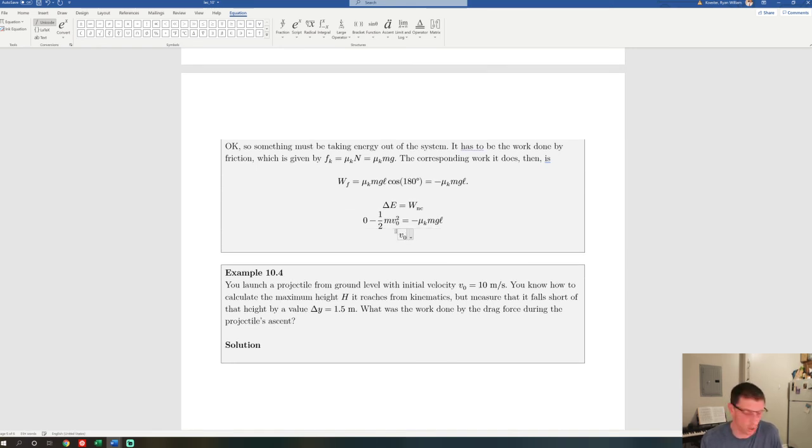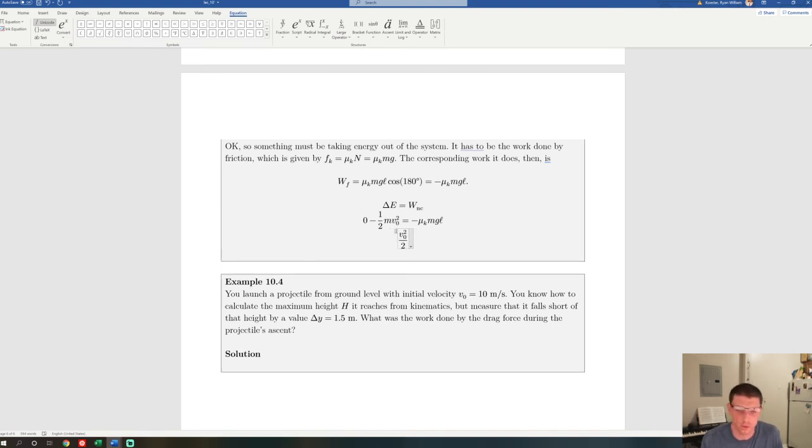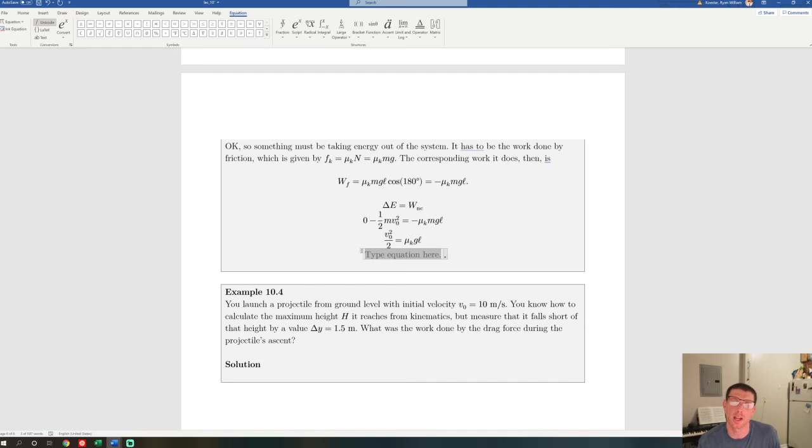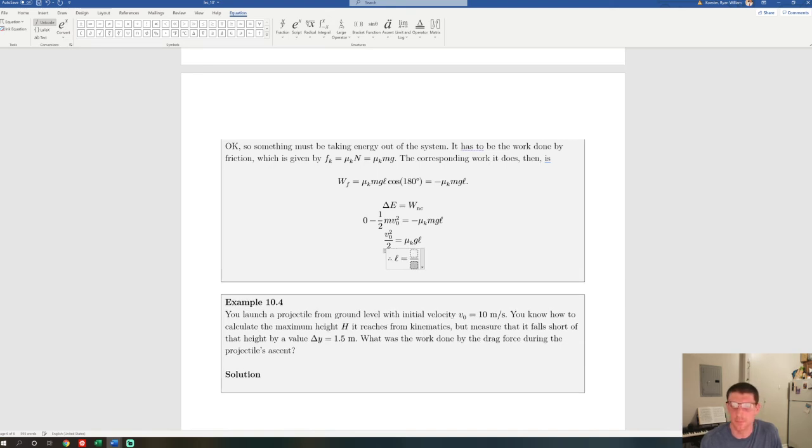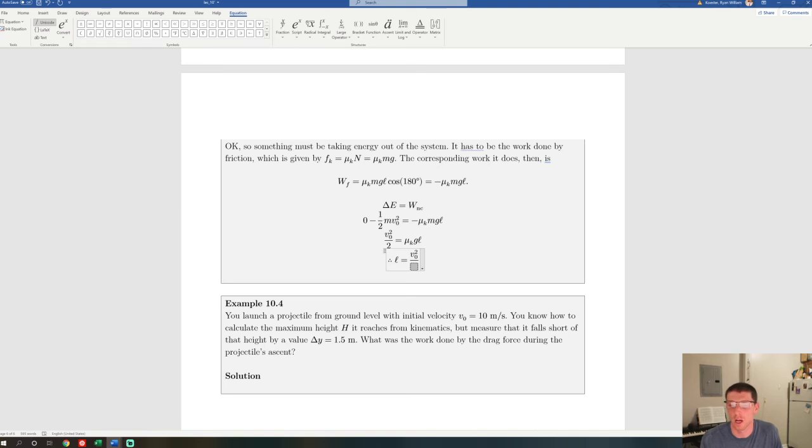And upon doing so, we find that this becomes v naught squared over 2 equals mu k gl. And the final step here is just divide both sides by mu k g, right? And so we find that L is given by v naught squared divided by 2 mu k g.